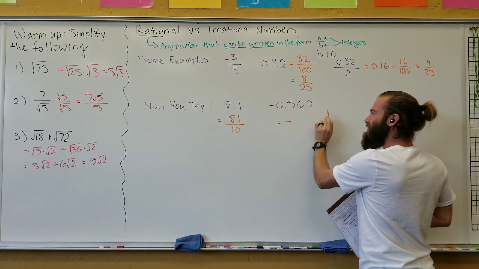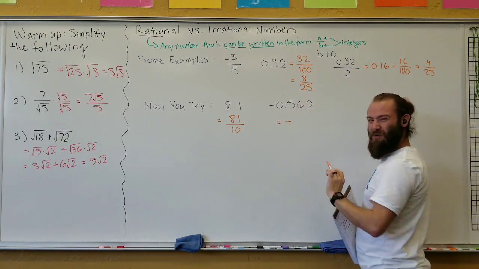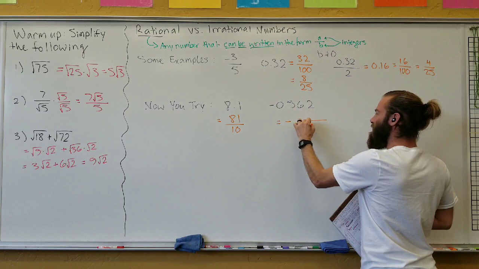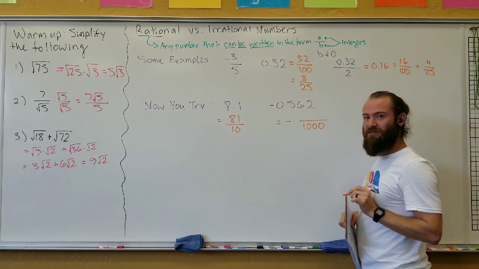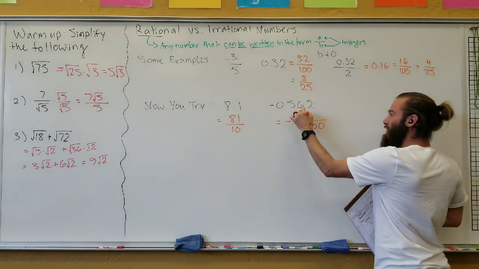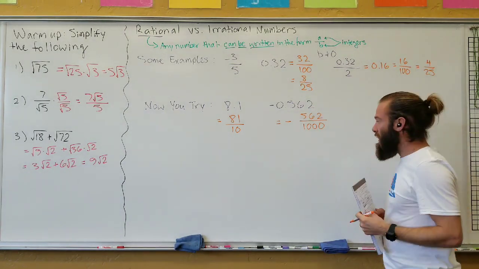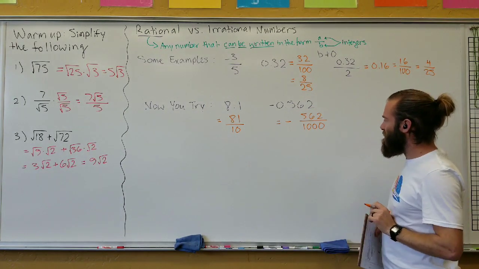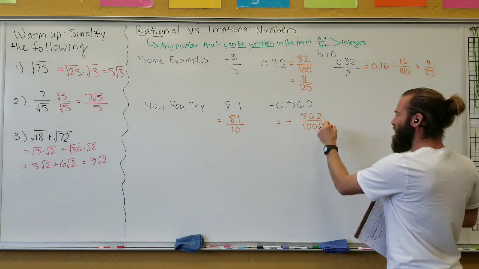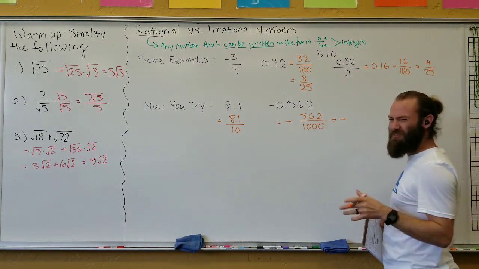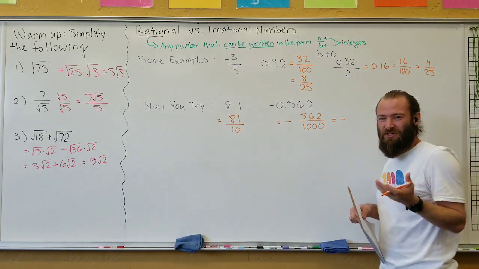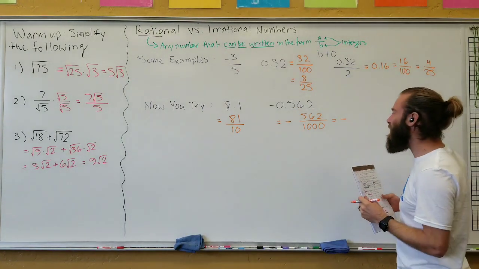So 0.562, this 2 is now in what place? It's in the thousandths place, right? And it would be 562 thousandths. And I should have simplified this out ahead of time. I didn't. If you really want, you can simplify this. It doesn't really matter, to be honest, unless we care to show that it's equivalent to something.